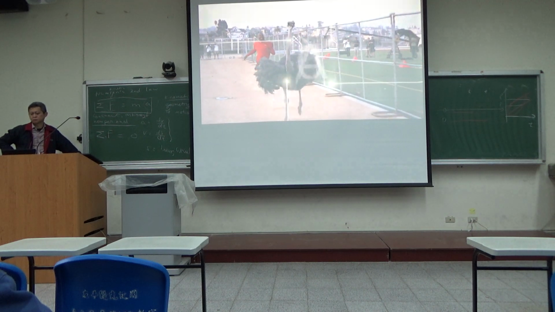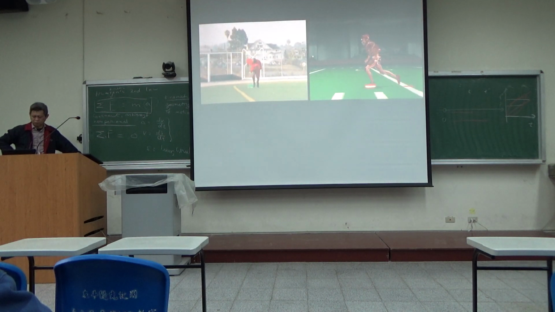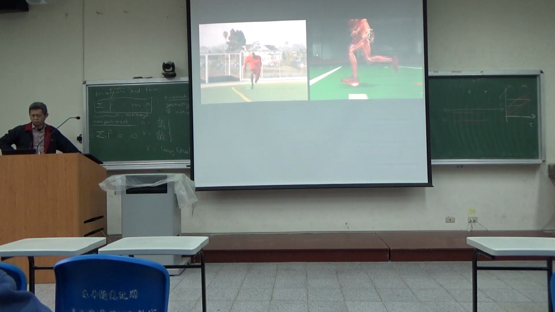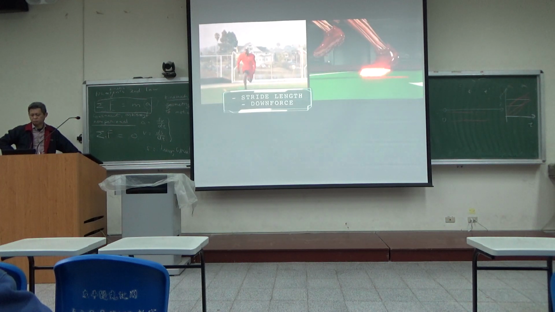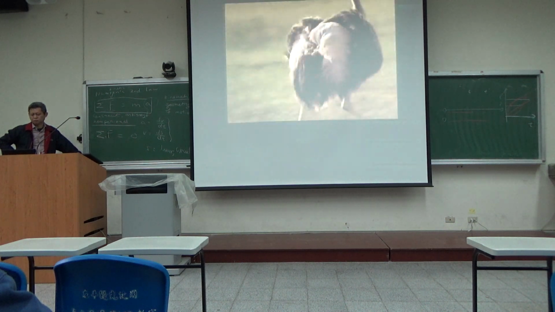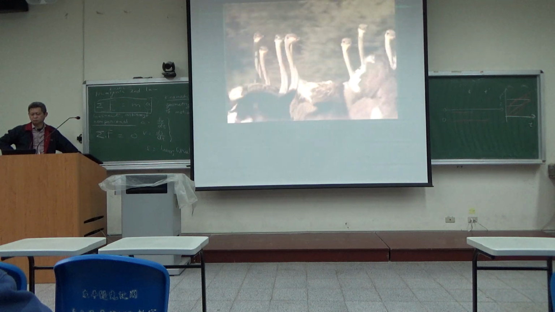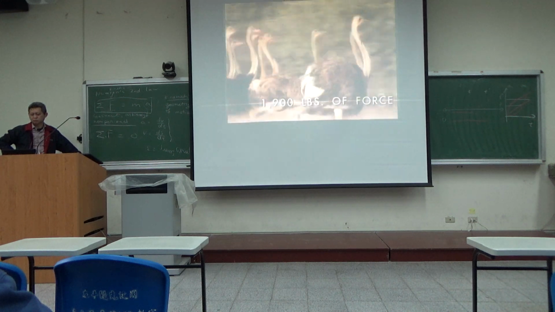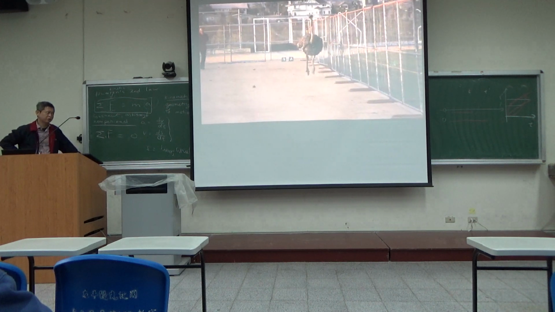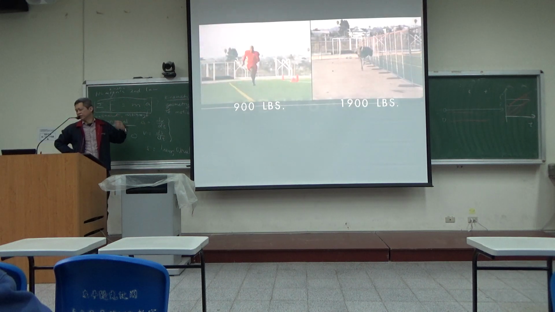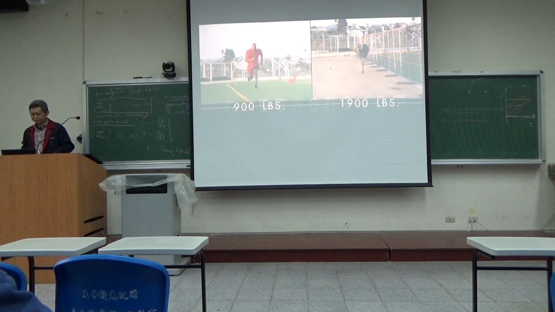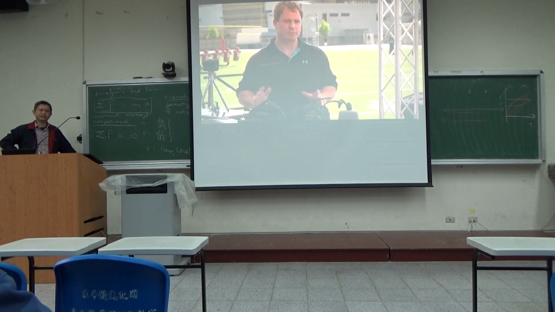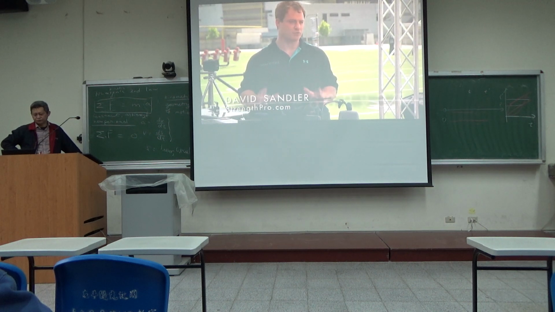Here's why. Speed is a product of downforce and stride length. With each step, the ostrich produces an explosive 1,900 pounds of force to propel it forward. That's more than twice as much as the 900 pounds a human can generate. The ostrich's ability to produce force rapidly was remarkable.